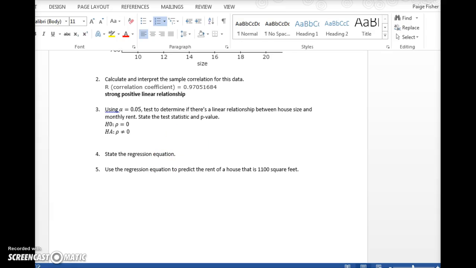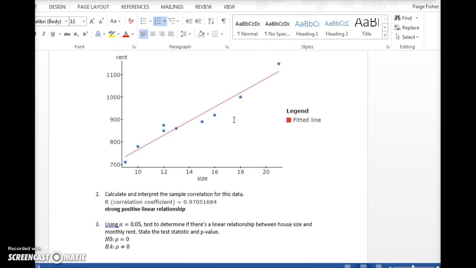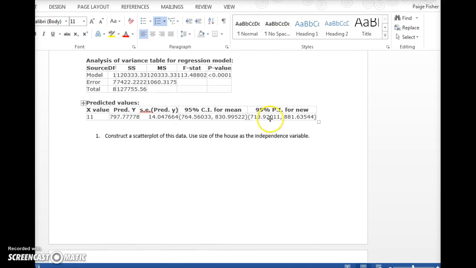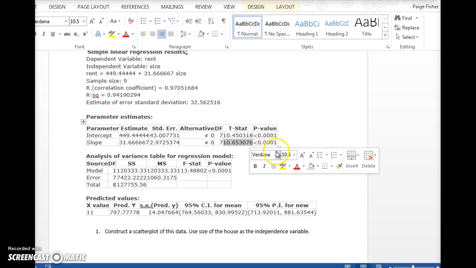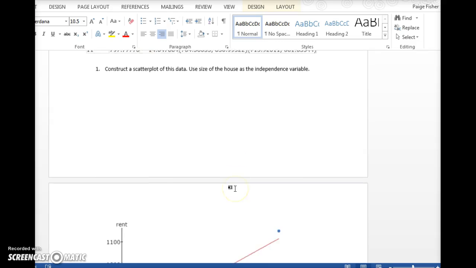So now we need the test statistic. That's in our output, under slope. So we get our slope and the test statistic is here. So t equals that, and our p-value is less than 0.0001.